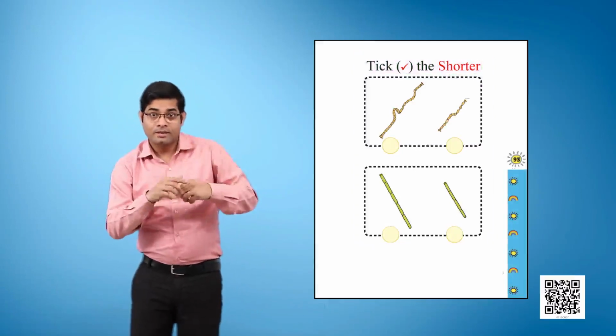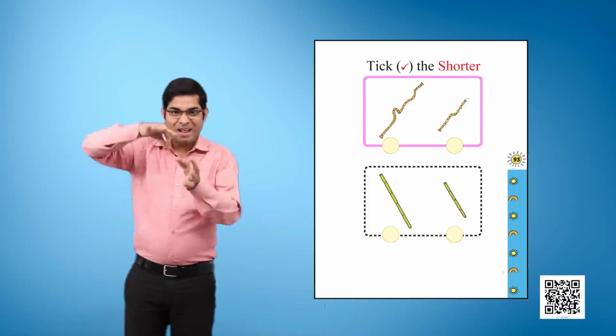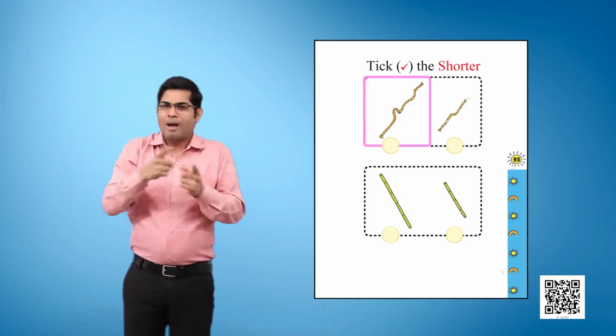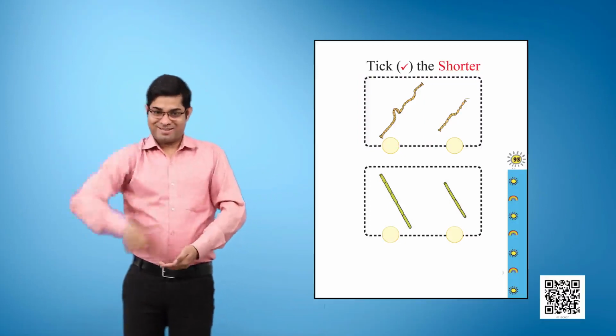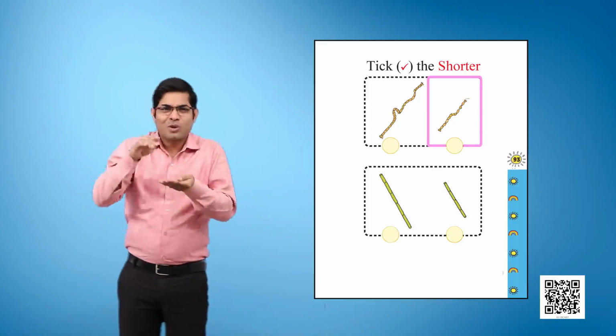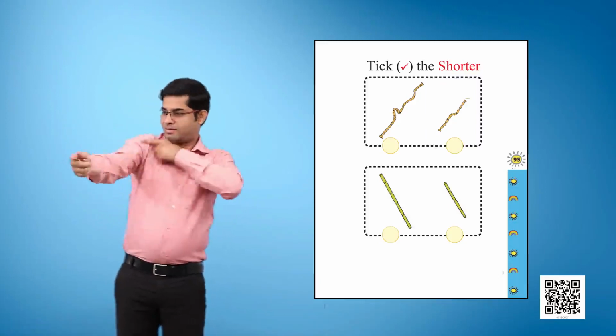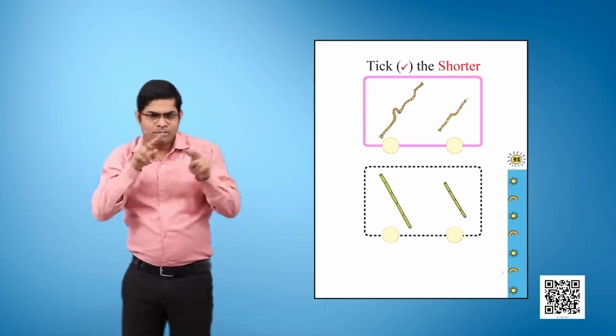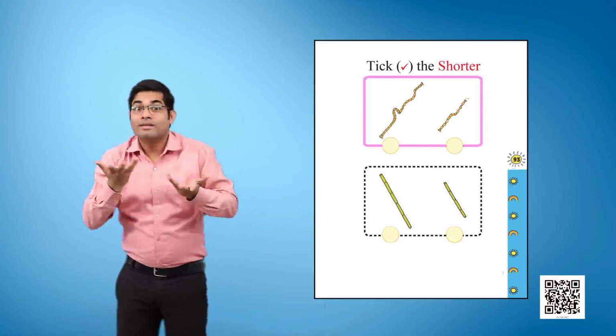Part 3. Picture 1 shows 2 ropes. Rope 1 appears to be as long as you are. Rope 2 is almost of the same size as your arm. Identify the shorter rope.